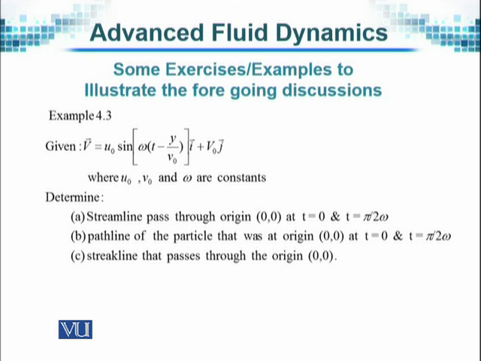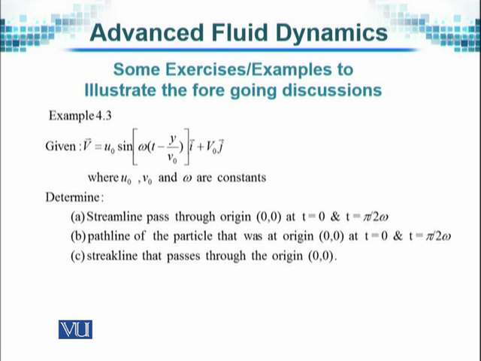Obviously the subscript 0 shows that these are constants and not variables. With this question we need to determine the streak line that passes through the origin at the given times, t equal to 0 and t equal to pi over 2 omega.